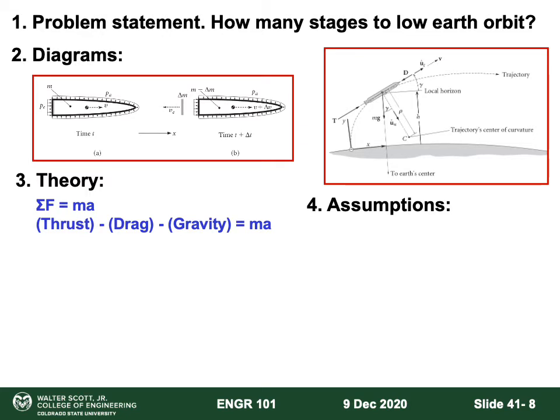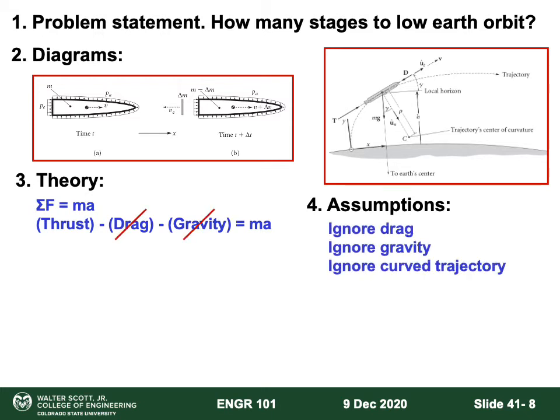The forces on a rocket are the thrust, which is causing it to accelerate, the drag caused by air friction, which would cause it to decelerate, and gravity, which would cause the rocket to fall back to the ground. Now, to simplify the equations, we already know that kinetic energy is more important than potential energy, so we're going to ignore the drag forces, and we're also going to ignore gravity.